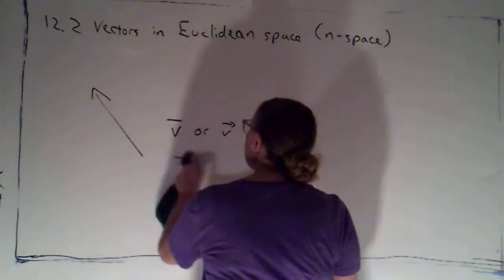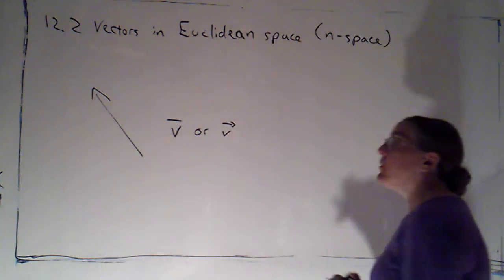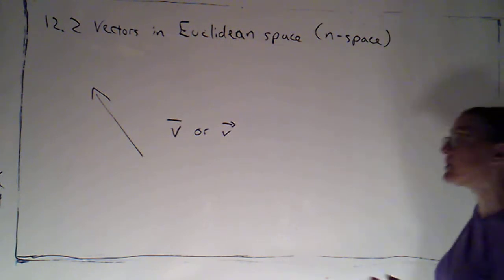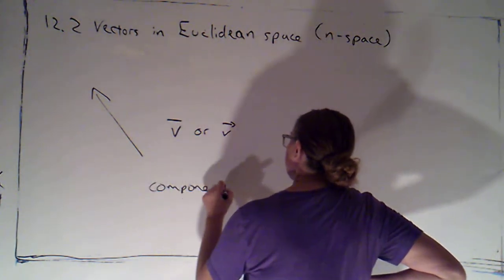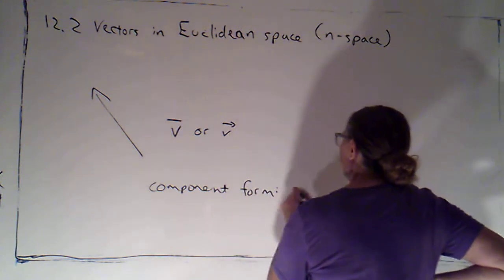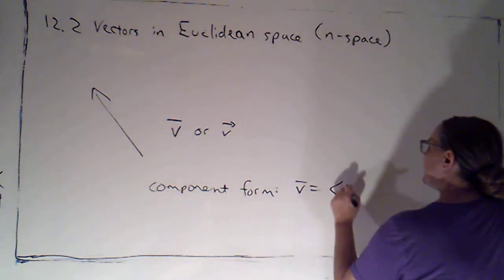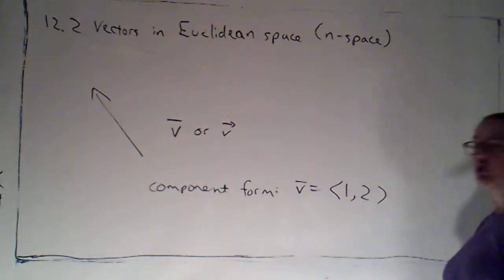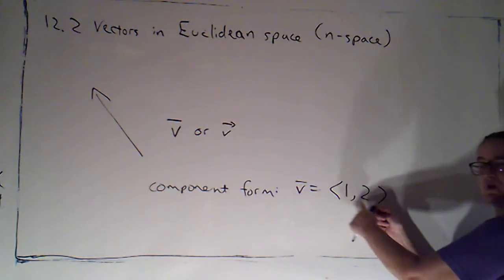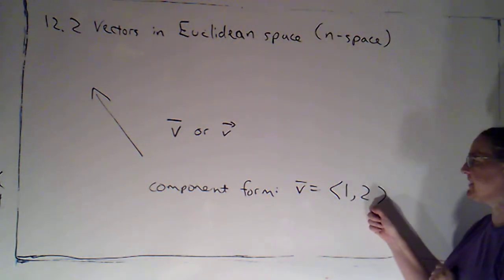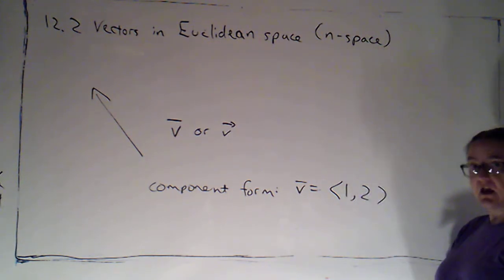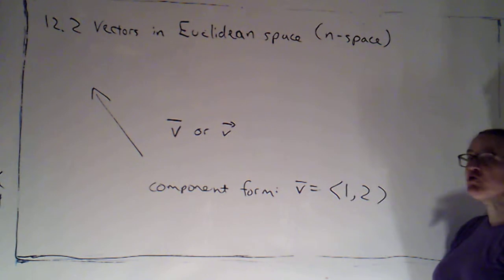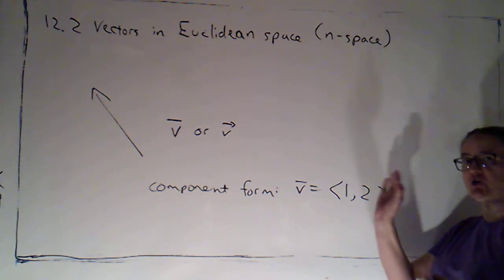Okay. Now, I could also give a vector in what we call component form. So if I have a vector v and I call it ⟨1, 2⟩, 1 and 2 would be the components of this vector, and those are directions for telling me how to get from the tail to the tip.